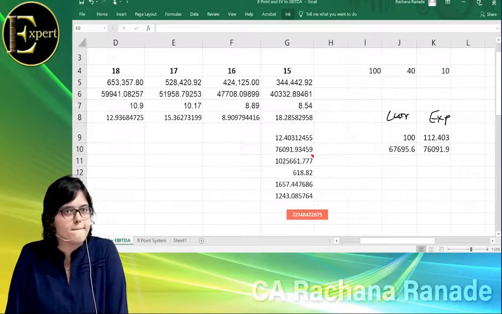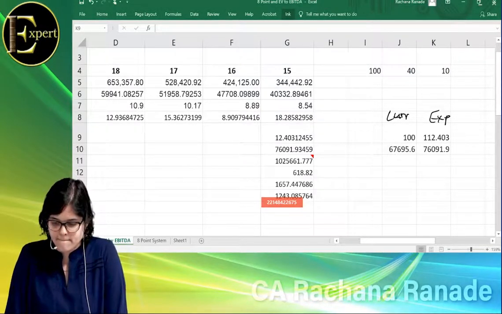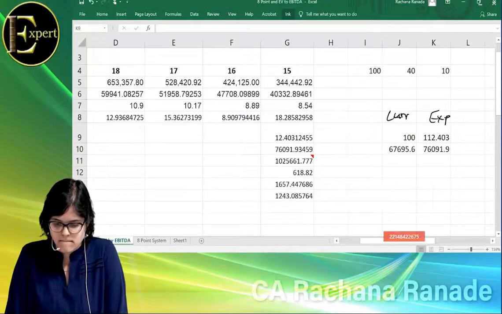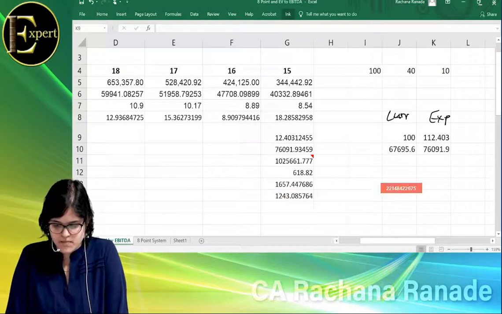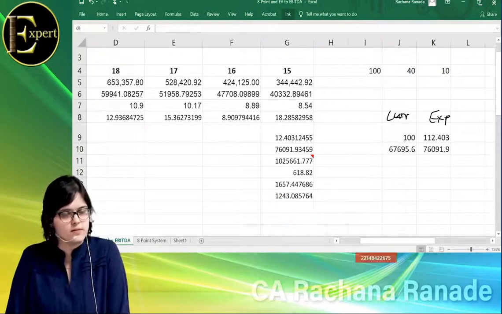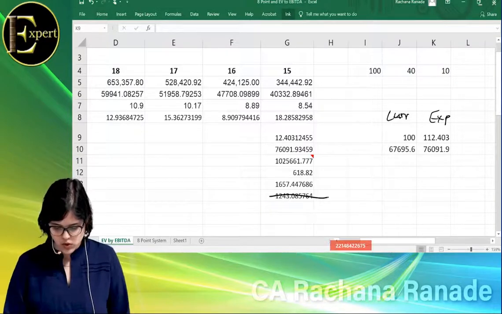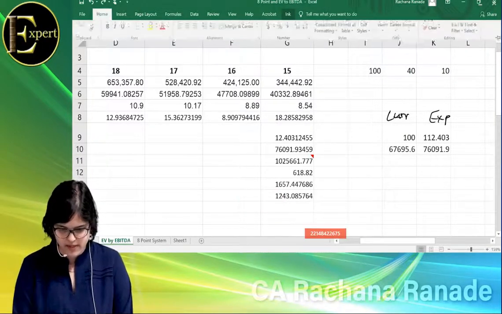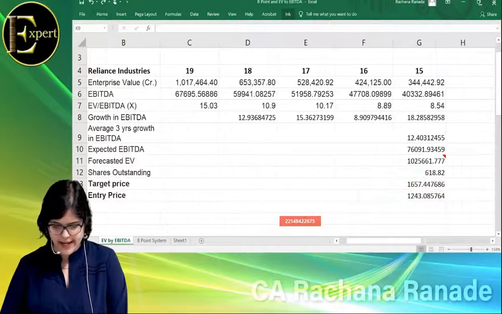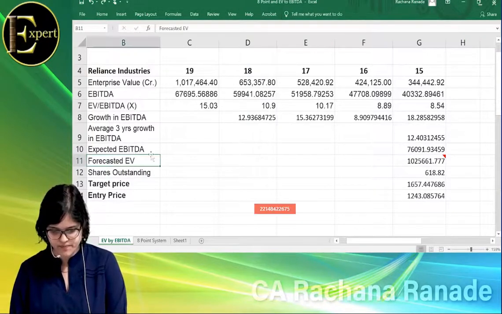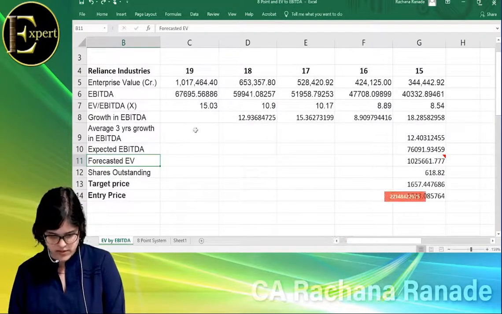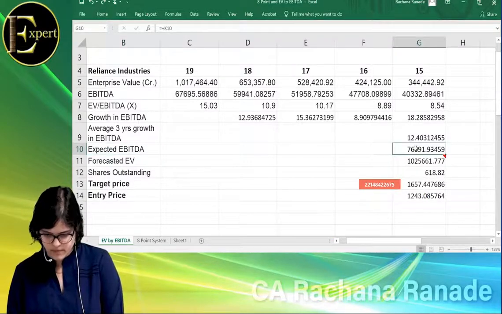Okay. Right? So now again taking a base view, what do we have now? We have an expected EBITDA. Correct?